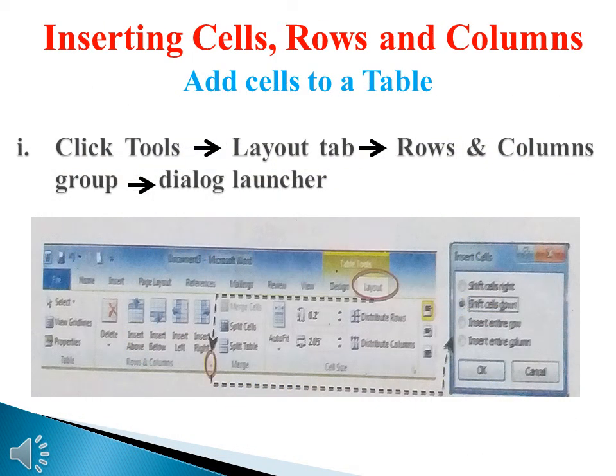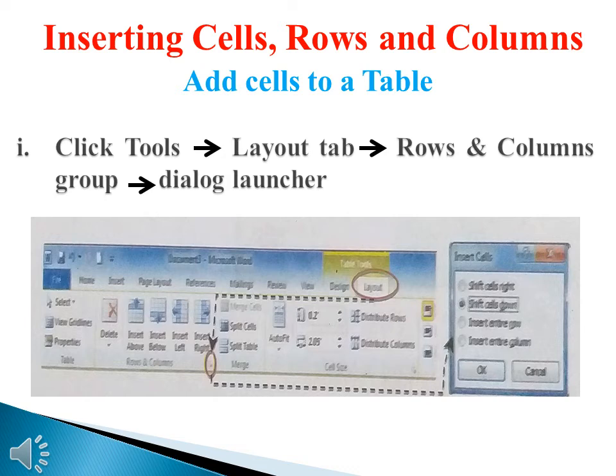Now let's discuss how to insert cells, rows, or columns. First we will discuss how to add a cell in the table. The first step is click Table Tools, then click the Layout tab. From the Rows and Columns group, click on the dialog launcher.